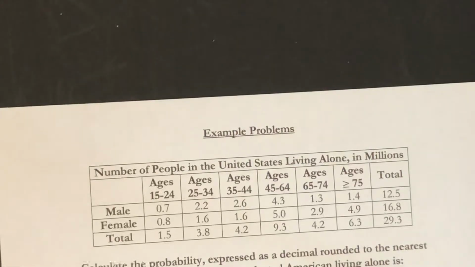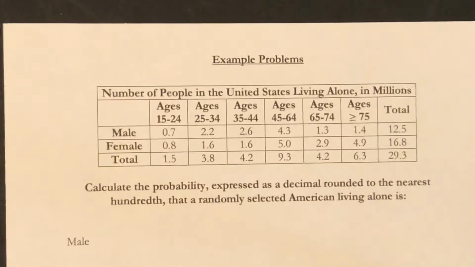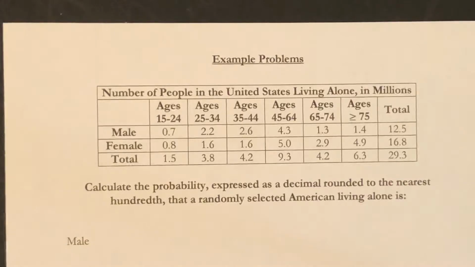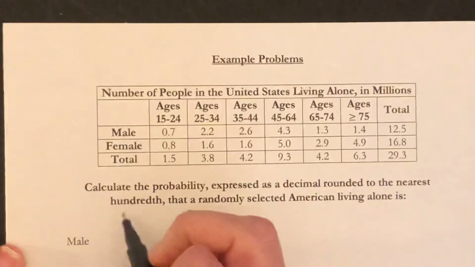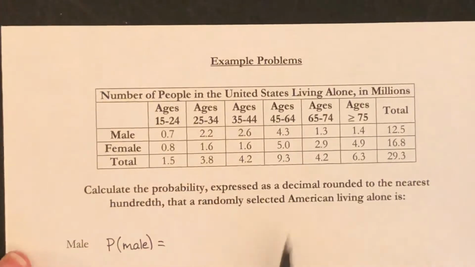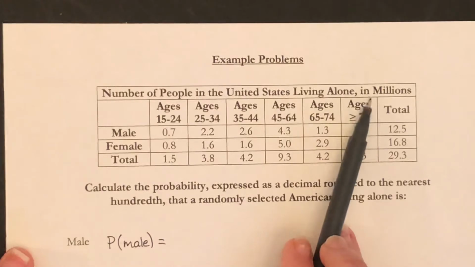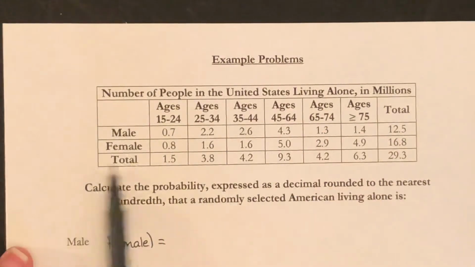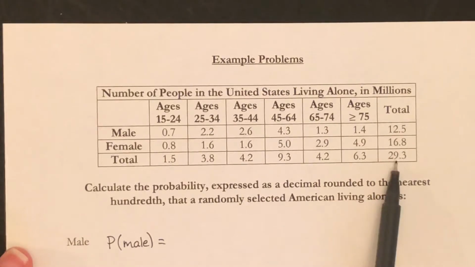So we're given this example problem where we're given this chart of the number of people in the United States living alone in millions. Okay, and we are asked to calculate the probability expressed as a decimal rounded to the nearest hundredth, so that's 2 decimal places, that a randomly selected American living alone is male. Okay, so the probability of male would be, so how many total people are we talking about in this universe? Well, 29.3.